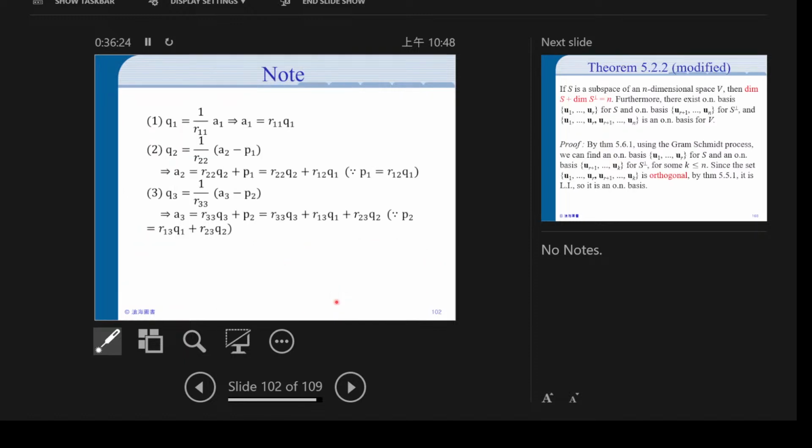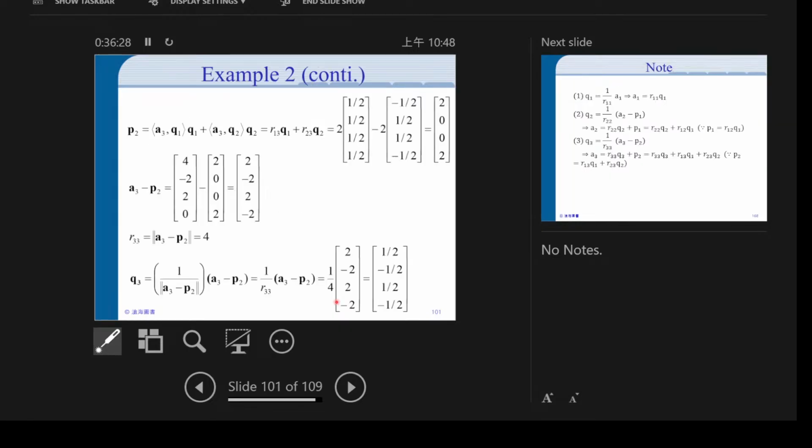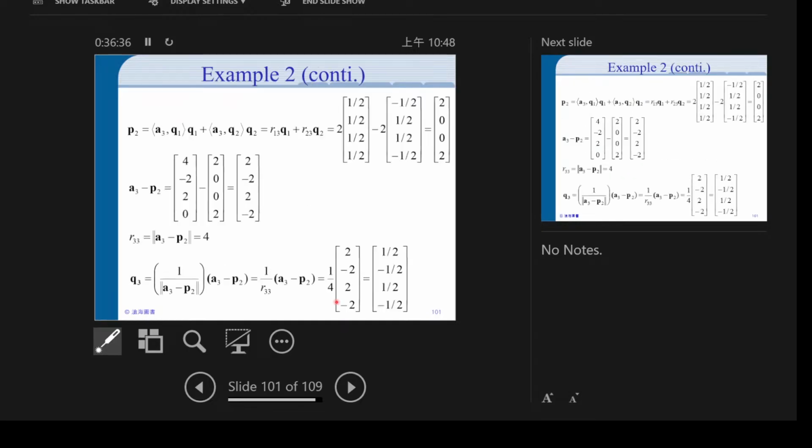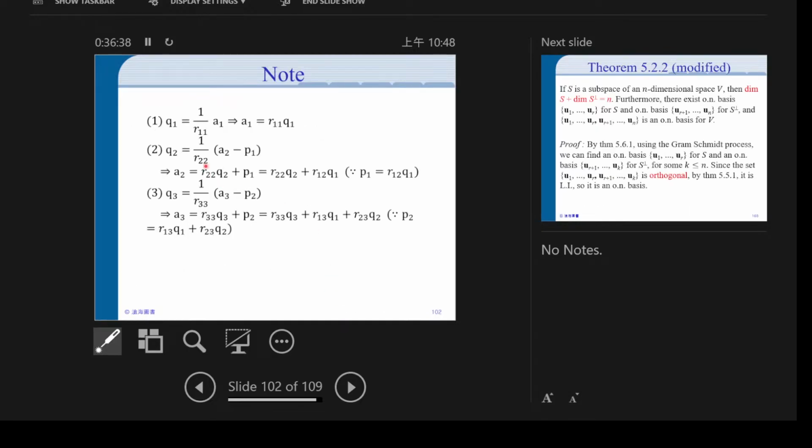So these are our Q1, Q2, Q3, and here we define more of our R's.